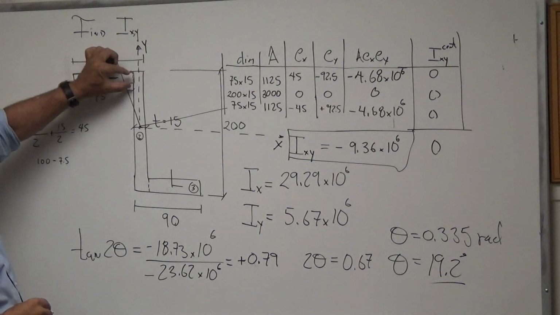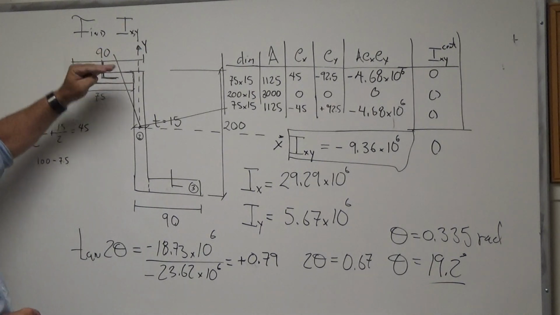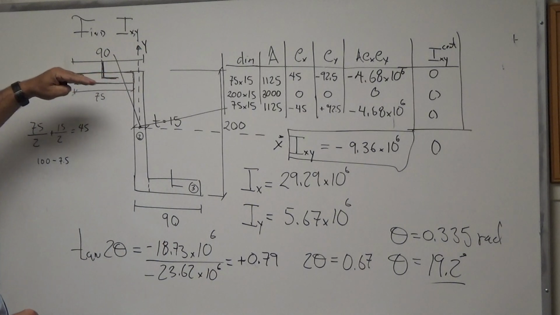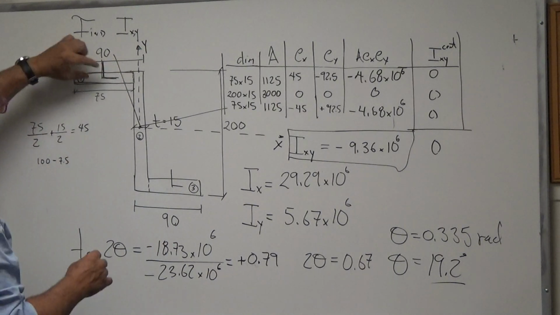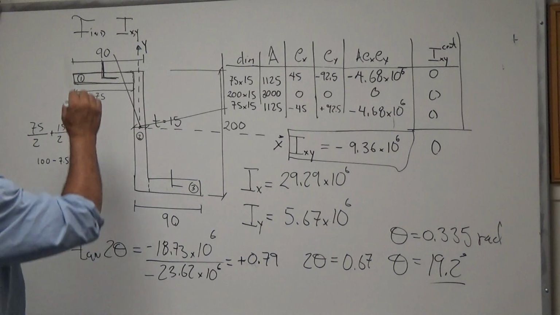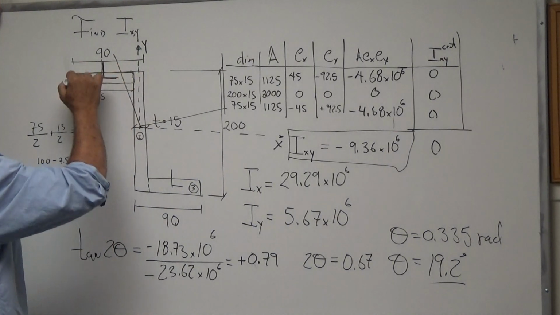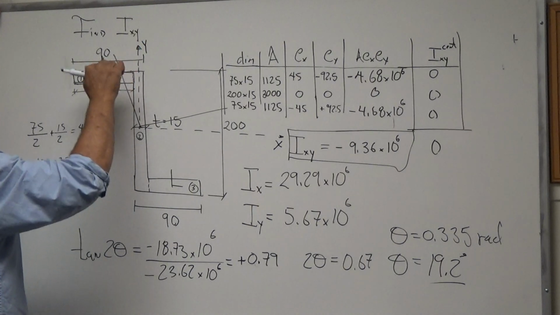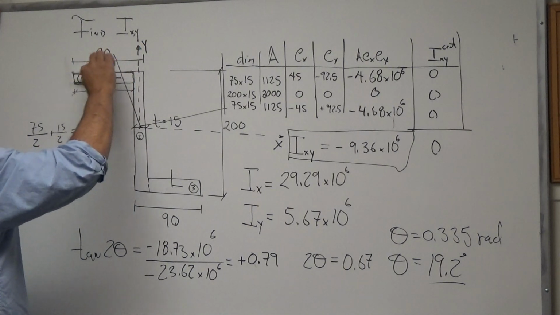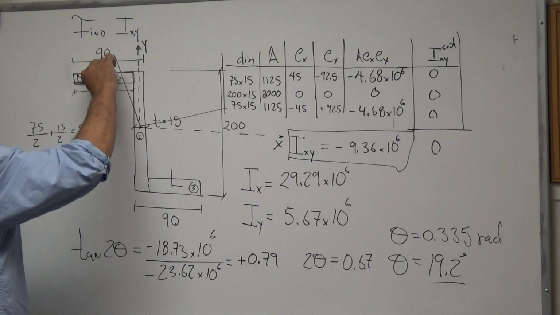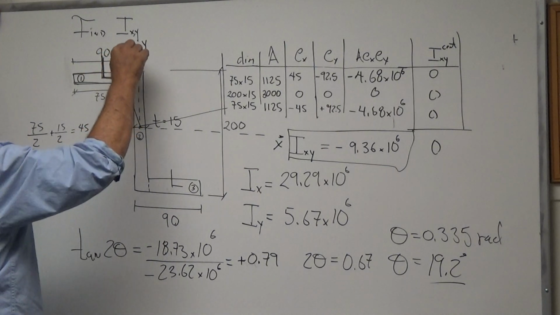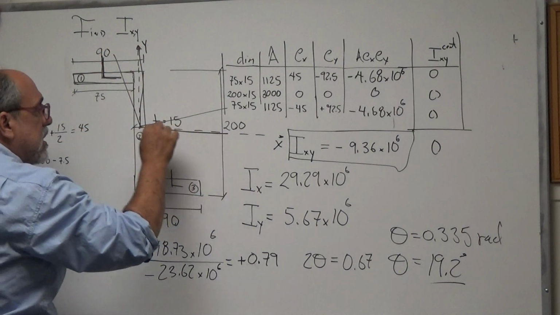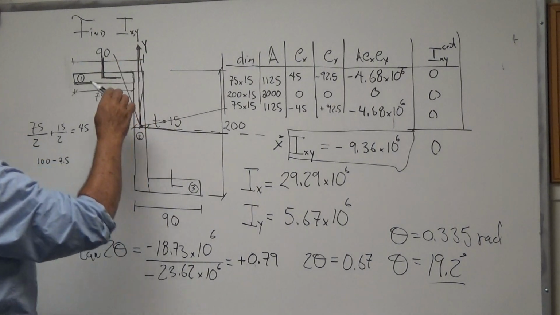Because this is a symmetrical shape, right, with two axes of symmetry, and these are the principal axes of that block, right? Therefore, the IXY of piece 1 by itself with respect to this axis is 0. Therefore, the contribution of this square to the IXY with respect to this axis is the parallel axis theorem.